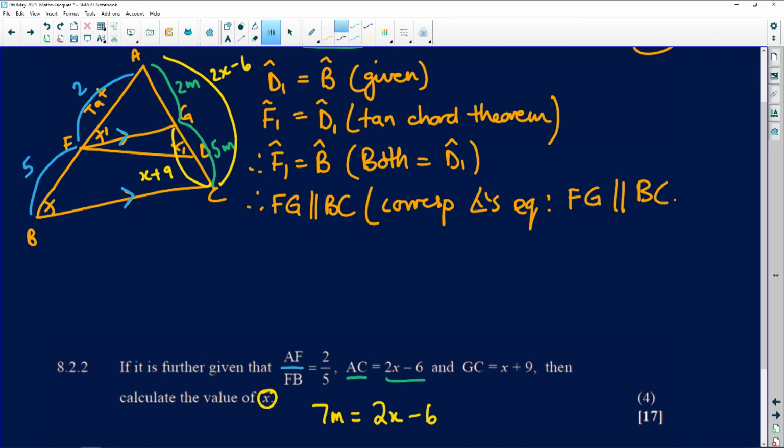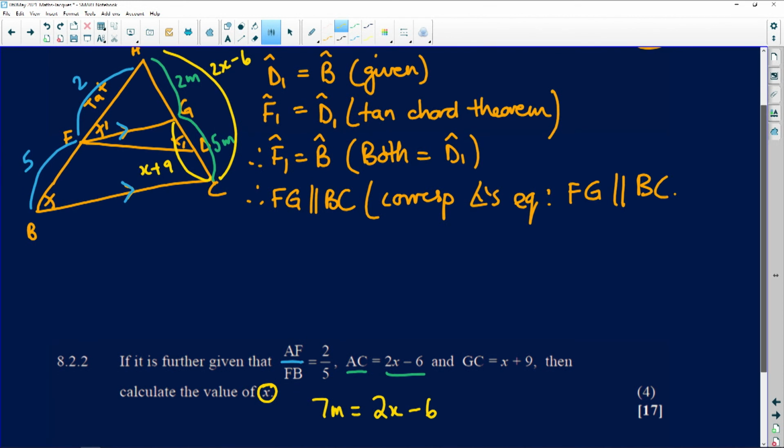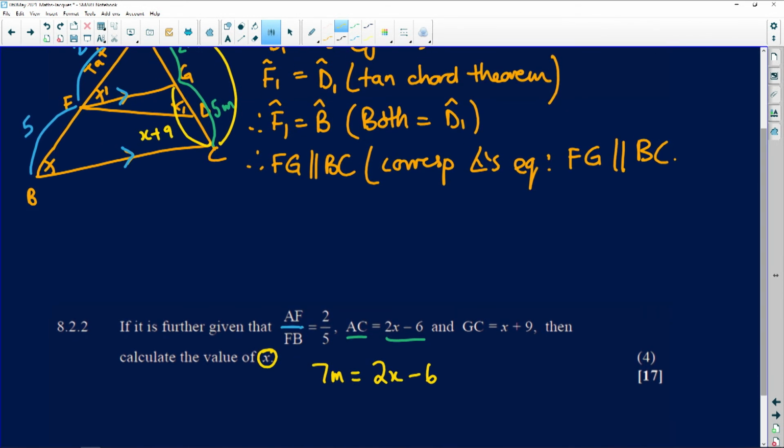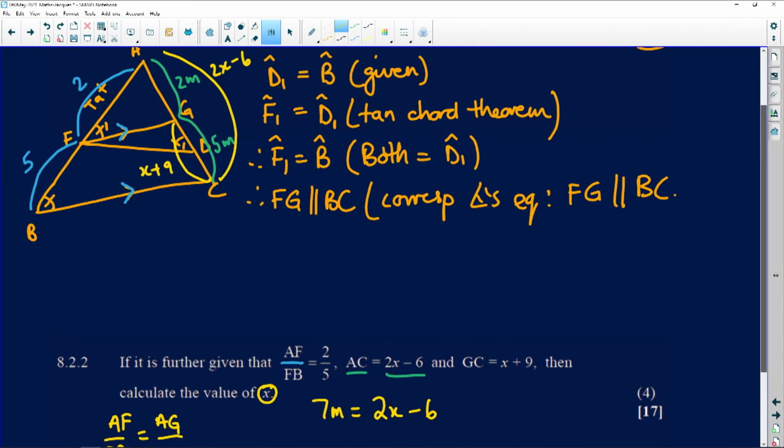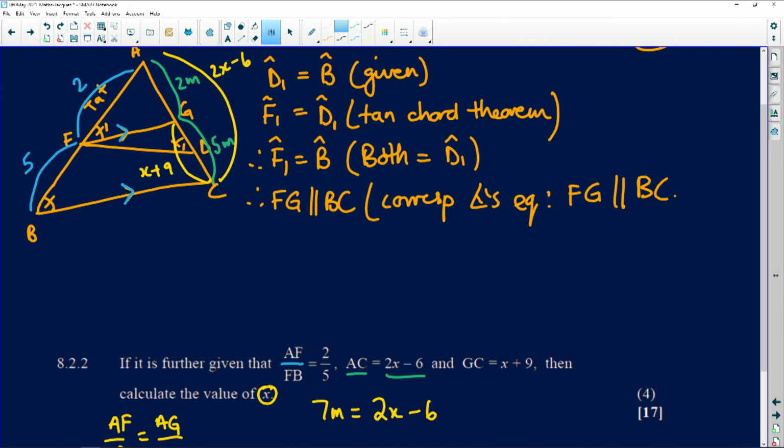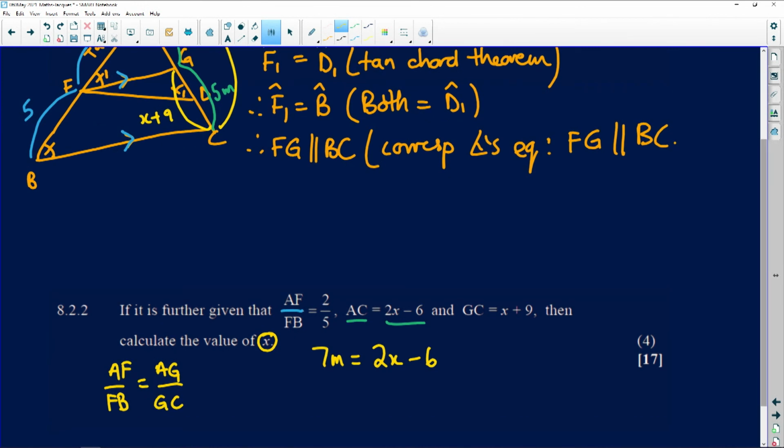But before we actually can say that, we've got to say why this is the case. So we're going to start off and we're going to say AF over FB is equal to AG over GC. And our reason there is the sides are in proportion.